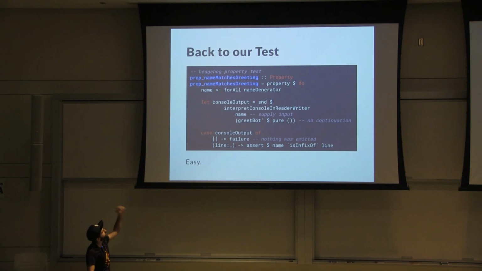We grab our arbitrary name from our generator and feed that into the reader, and then we measure the output of the writer effect. Obviously, if it doesn't actually greet us back and emit something to the writer, then we want to fail that test. And if it does, we want to measure something about the log that got emitted.